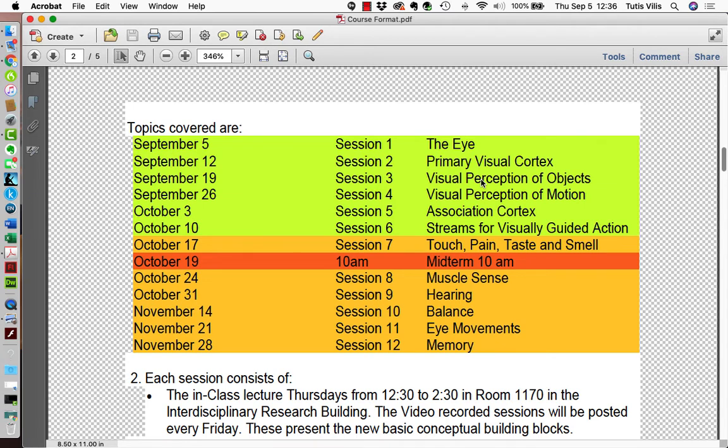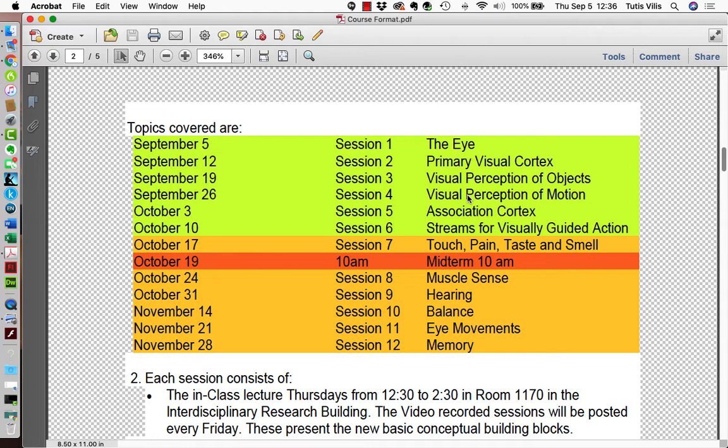Then we'll see another specialized area is for motion. So, cars going by, their speed. Then we'll talk about how all this information is integrated and allows you to make decisions based on what you see.